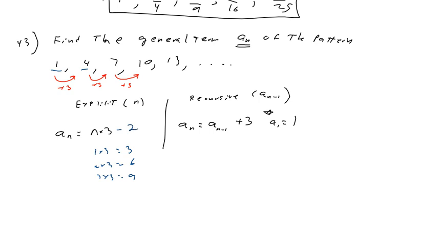Yes, exactly. Minus 2 gets me back to where I need to be. 3 minus 2 gets me to 1. 6 minus 2 gets me to 4. 9 minus 2 gets me to 7. So I have my answers now that check out, and this becomes my explicit equation.